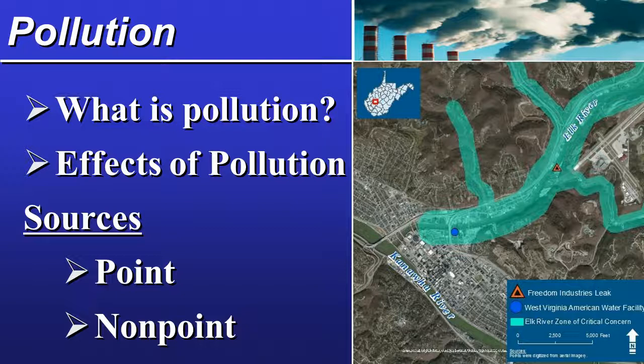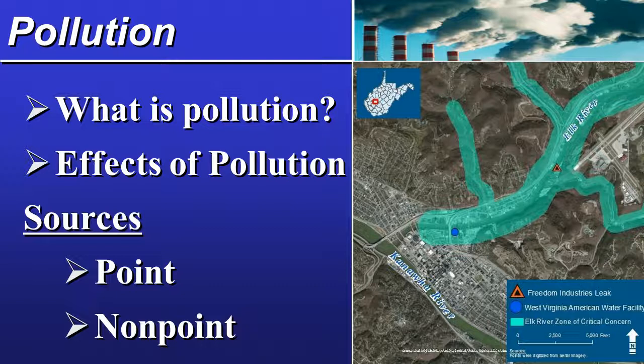I would like to call your attention to the picture on the right side of your screen. This is a picture of a river known as the Elk River in West Virginia. There was a spill that occurred from Freedom Industries, which is depicted by this triangle in the center of the figure.